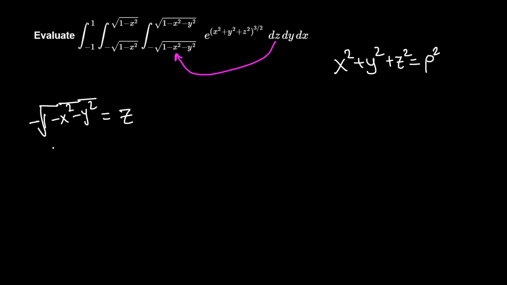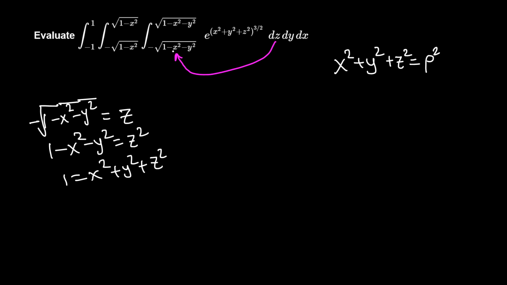Square both sides and move this over, so we get 1 equals x squared plus y squared plus z squared. That's 1. So basically a unit ball, a ball centered at 0, 0, 0 with radius 1. And if we do the upper limit, we get the same equation, unit ball again.